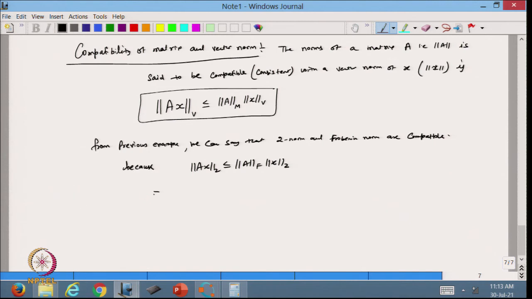From here I can write that the 2 norm of Ax is always less than the Frobenius norm, and using this condition I can define a norm.